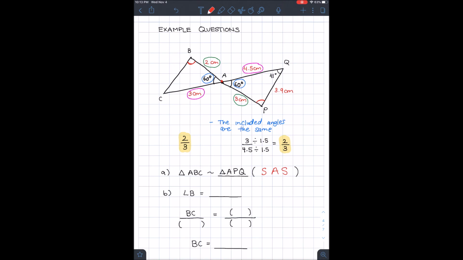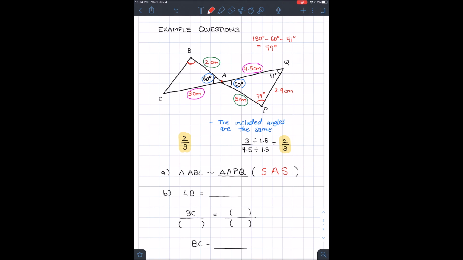So if we do, and I'm going to put that here on the top, 180 degrees minus 60 degrees minus 41 degrees, this should give us 79 degrees. So I'm going to write that over here, 79 degrees. Okay, that's good.